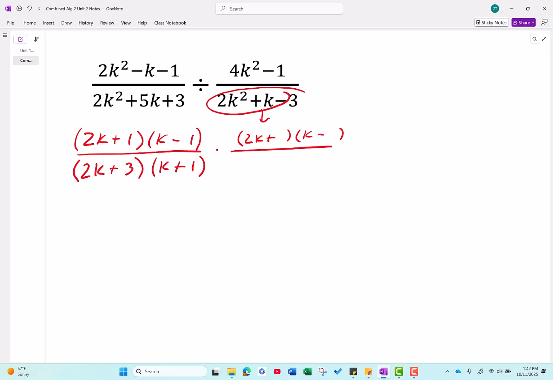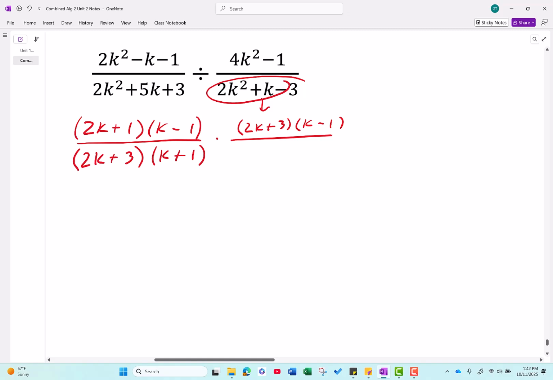And so it's just a matter of, well, which one am I going to use? I need to use those to get a positive k value. Okay, so let's say I did 3 here and 1 there. I get 2k times negative 1 gives me negative 2k. 3 times k gives me positive 3k. Add those together, I get positive k. Awesome, golden. Okay, then I look at this here, and that's going to go down below.